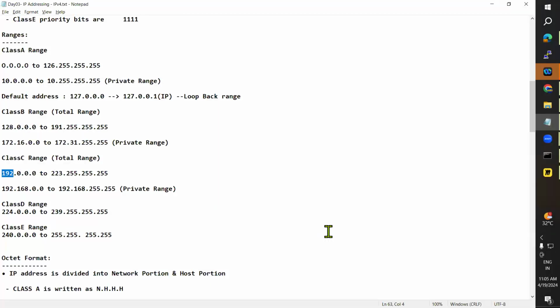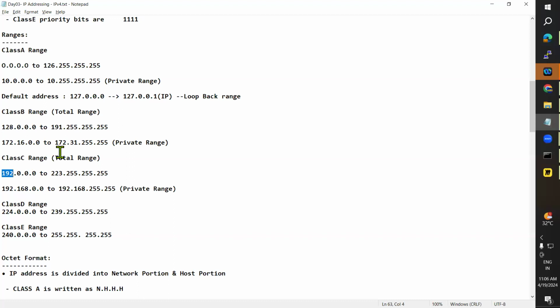See, we have to identify classes initially. That is a basic thing. If you identify the classes, then you can easily learn the remaining part. So either you memorize it or make yourself understand, but by seeing the IP address, you should know which class IP address it is.